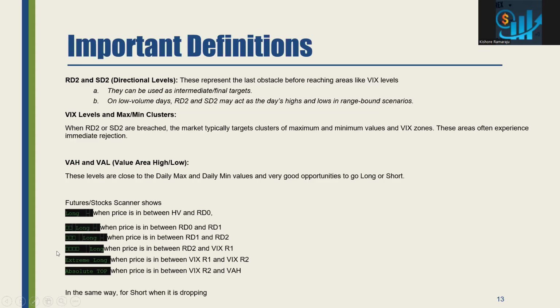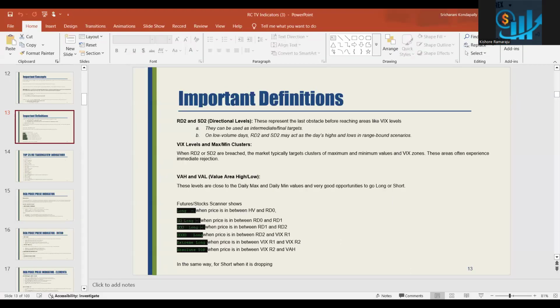RD2 and VIX R1, like that, you will see extreme long, absolute top. Whereas if it is below the base level, it will show as short, short with one arrow, short with two arrows, short with three arrows, or it will show extreme bottom, absolute bottom, like that, based on where it is.